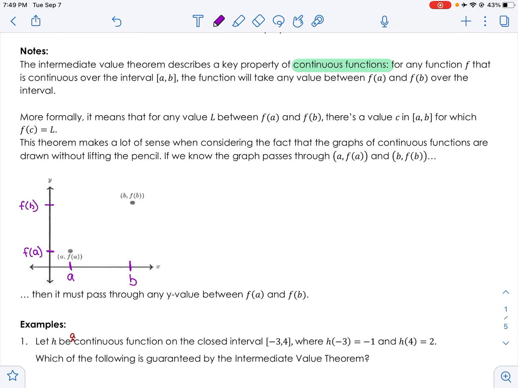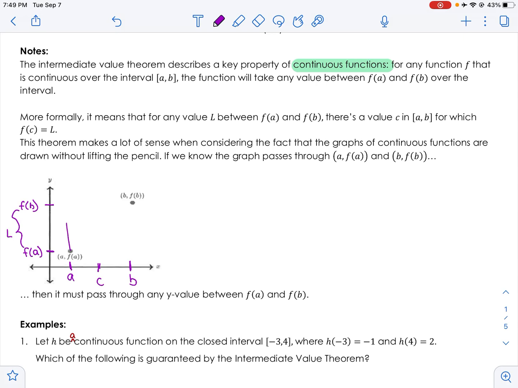There is some value in between, L, and when I do c, f of c is going to give me L.